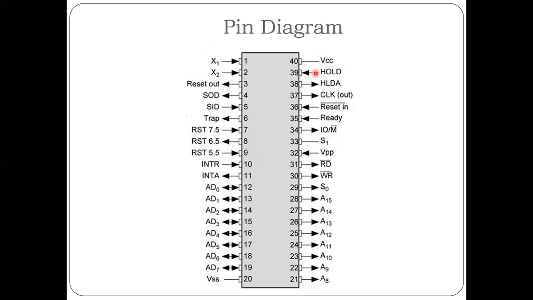Then we use HOLD and HLDA, which are used for the direct memory access process. Then the status signals: RD and WR, where RD means read and WR means write. That means where we are going to read and where we are going to write is defined by the S0, S1 and IO pins.